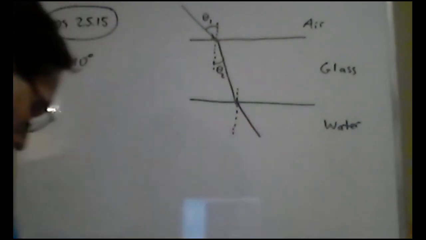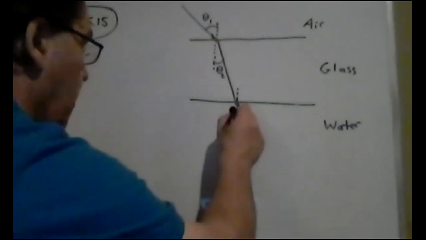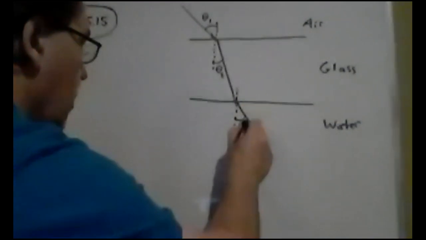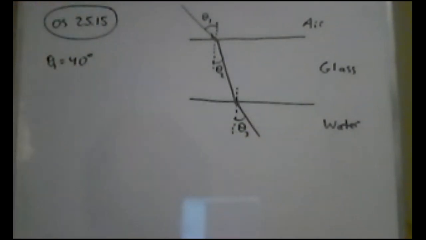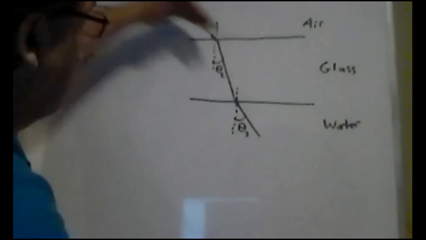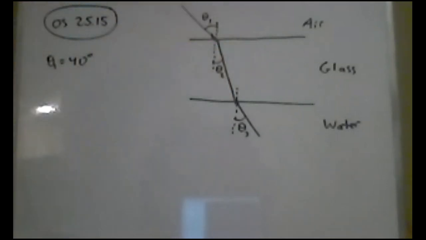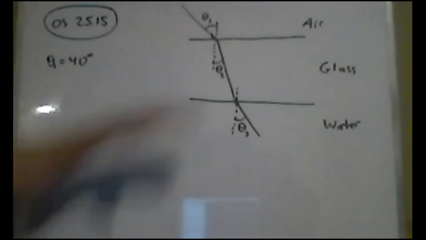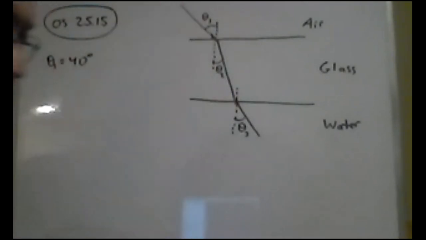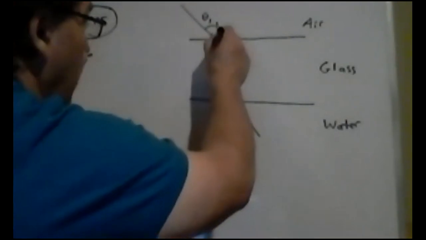But again, there would be a θ3 here. What this problem wants us to do is to say, okay, we clearly see we have a refraction at the first interface. Well, if refraction did not happen, where would this ray of light go? If there wasn't glass here, what would the ray of light do? Well, it would continue going straight.